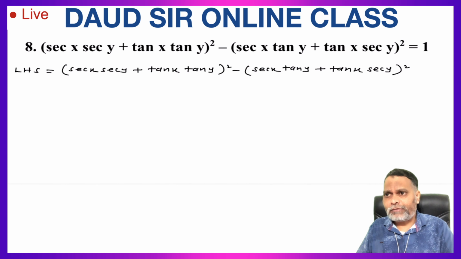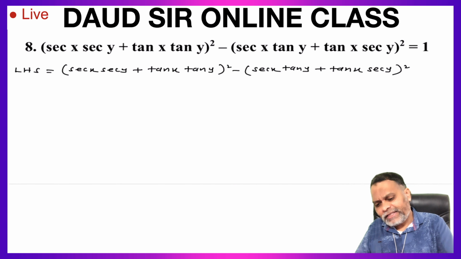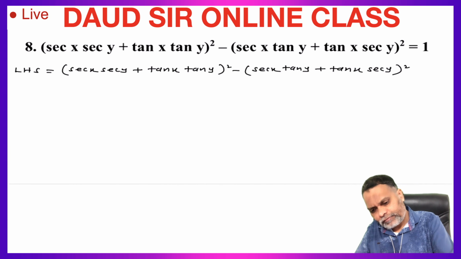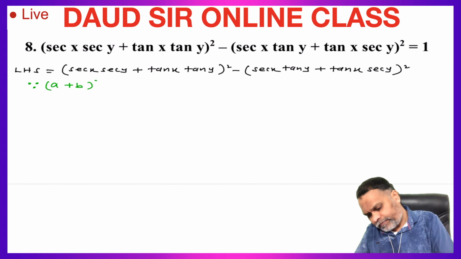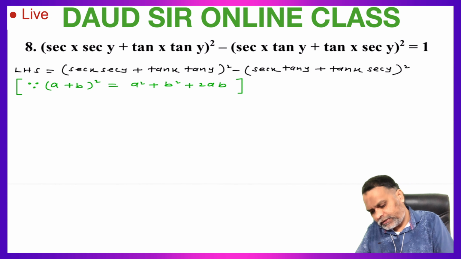That identity we can apply here for proving 1. So apply the identity (a plus b) whole square in both the brackets. The identity is: (a plus b) whole square is equal to a square plus b square plus 2ab. This identity we can apply in both the brackets.